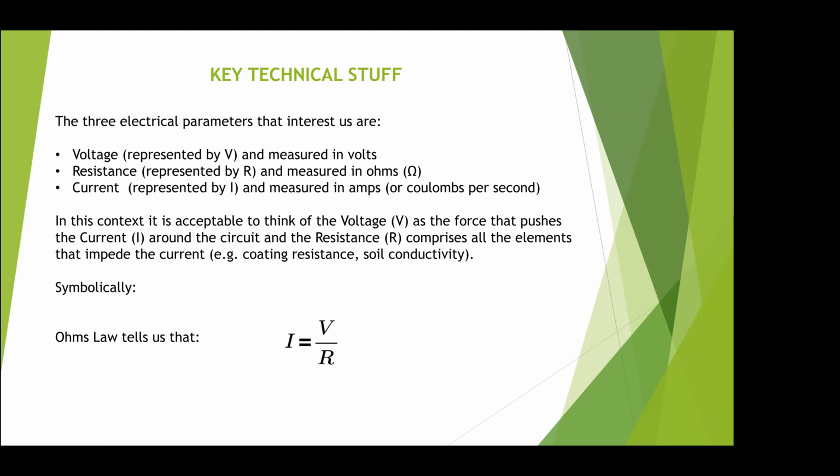So the bigger the current, the more metal leaves. So you can see that if you increase the size of this value R, if that's a very big number and you're dividing it into that number, you'll get a smaller current. So if you've got a high resistance, you'll get less corrosion current leaving. And similarly, if you've got a very low voltage, you'll get less leaving.